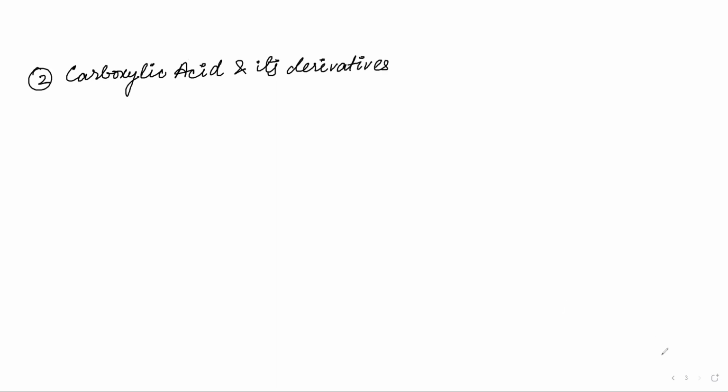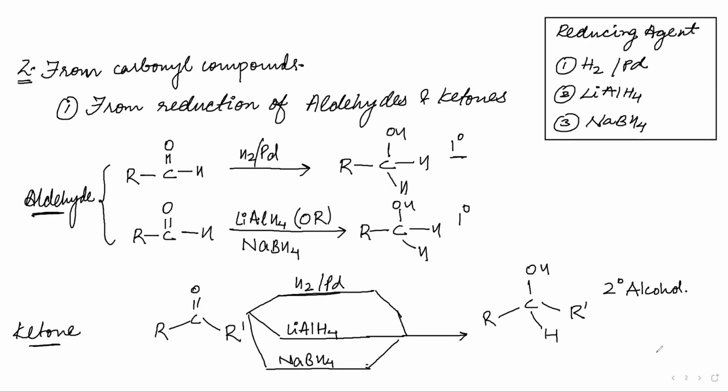So in the first case, both are same. What do you mean by both? I didn't understand your question, by the way. From reduction of aldehyde and ketone, these two are different. This is aldehyde, the CHO group. Ketone is the CO group. Then, frame your question a bit. In the first case, what are the both? What do you mean by both?